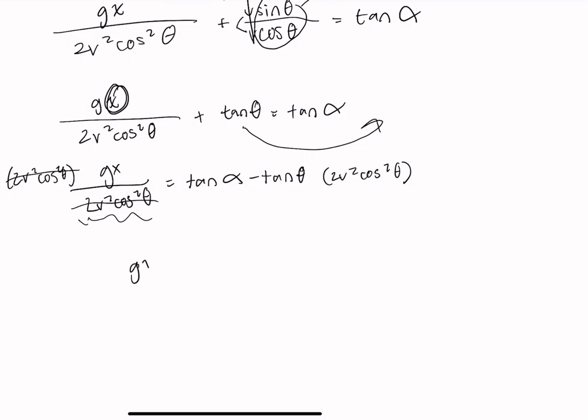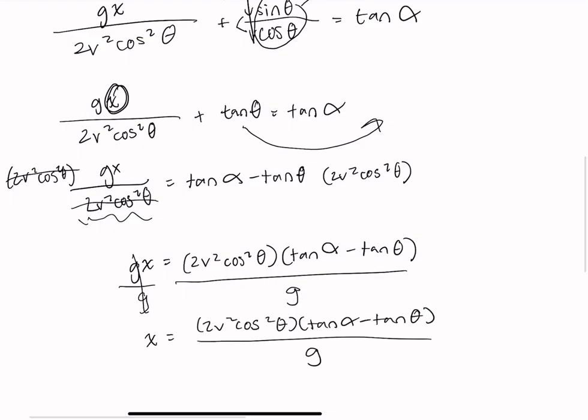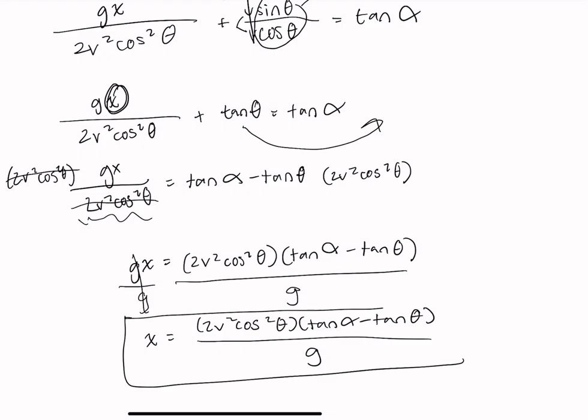So we're left with g x equals 2 v squared cosine squared of theta times tangent alpha minus tangent theta. And finally, we can divide the whole thing by g to solve for x. And that should match your answer.